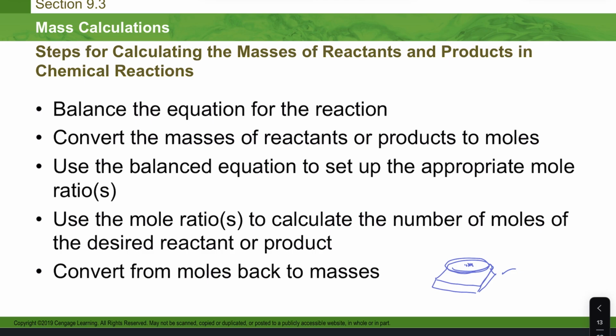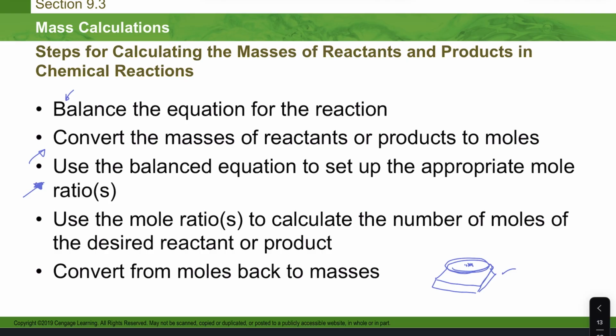So these are the steps. First, if you're given an equation, double check that it is balanced. If it's not balanced, go ahead and balance it first thing. If you are not given an equation, you may need to write one and then balance it. You can then convert the masses of the reactants or products into moles. The mole ratio that the balanced equation provides will help you convert from one to another.